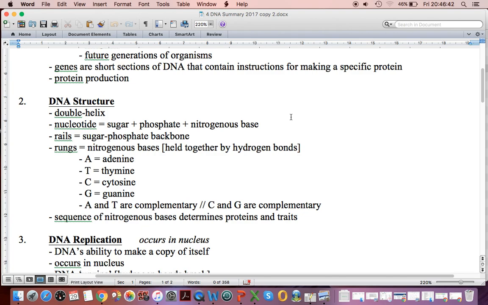And even though there's just 4 nitrogenous bases, we get a lot of different sequences. And that means we can code for a lot of different proteins and traits. We have to remember that A and T, adenine and thymine, fit together, and C and G, cytosine and guanine, go together, and we call them complementary.